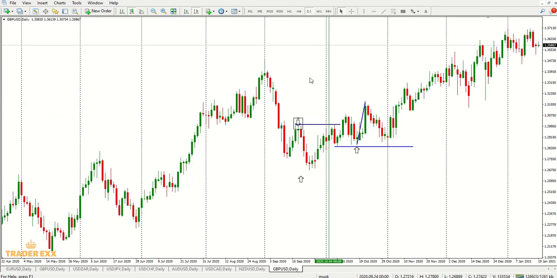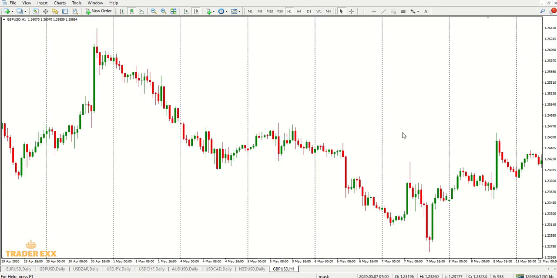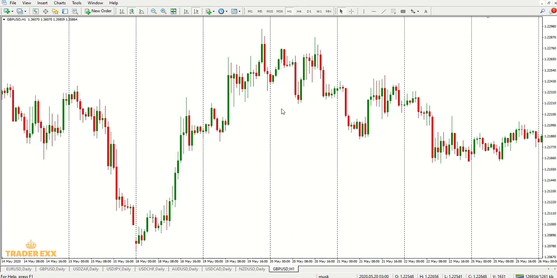Without that, you won't be able to understand whether you should be looking for buys or sales, because whenever you get to a smaller time frame and price decides to pull back slightly, you will start to jump on that trend itself, and that would be the wrong bias for you to follow.